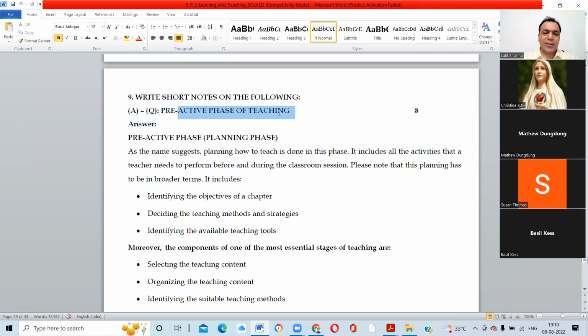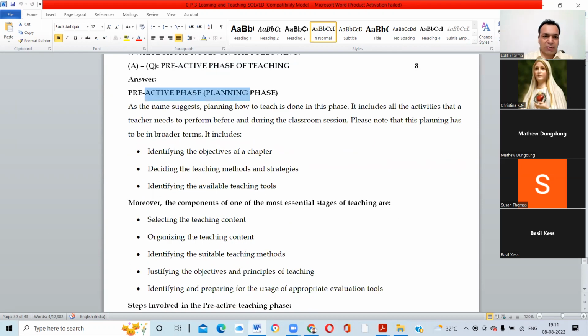So preactive, guys, you know that it has come from the question, three phases of teaching. One is preactive, one interactive, and another is post-active. So first is the preactive phase of teaching. Basically, this is such a phase of teaching where planning happens. Teacher, beforehand going into the class, plans.